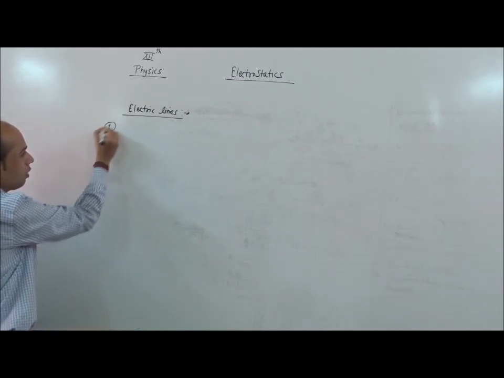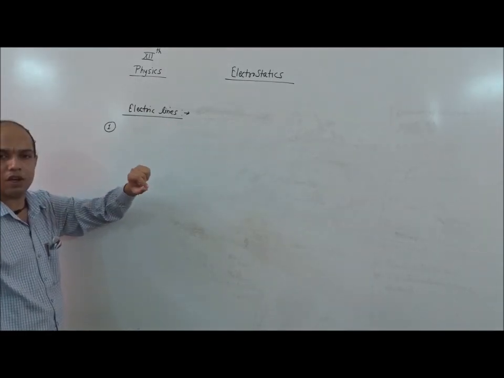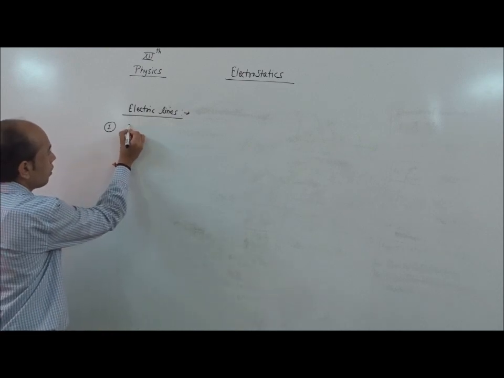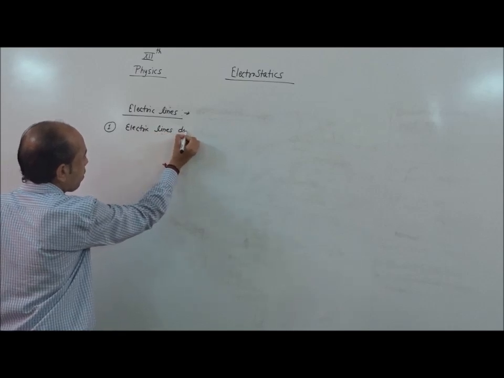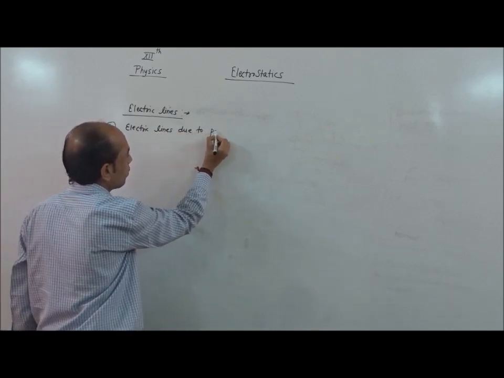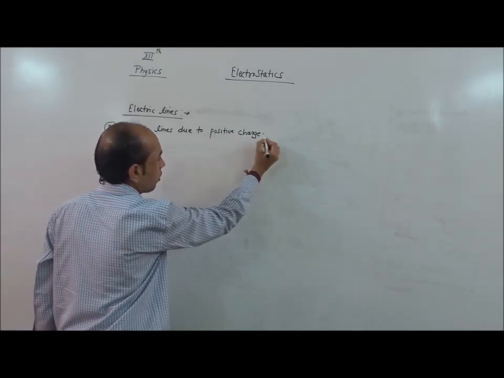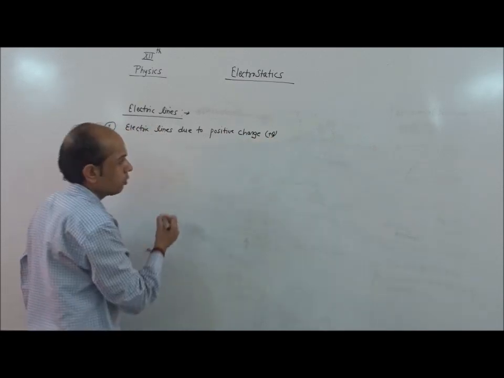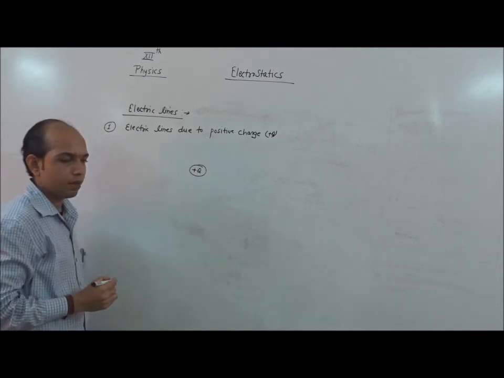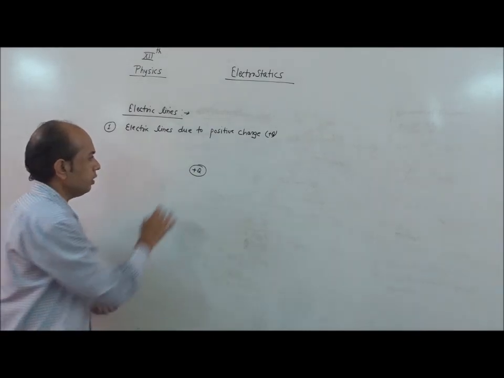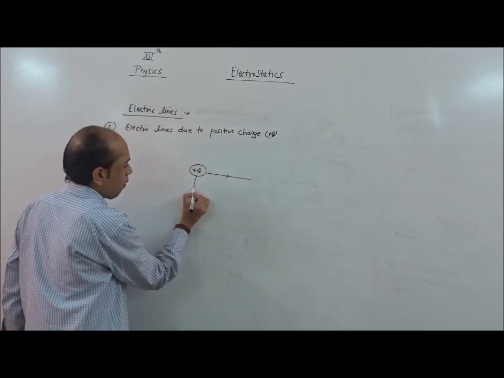So one by one we can see the properties. Number one, what is the pattern of electric lines due to positive charge and due to negative charge? First we see electric lines due to positive charge, that is plus Q. So when plus Q charge is in space, it produces its field always outward.